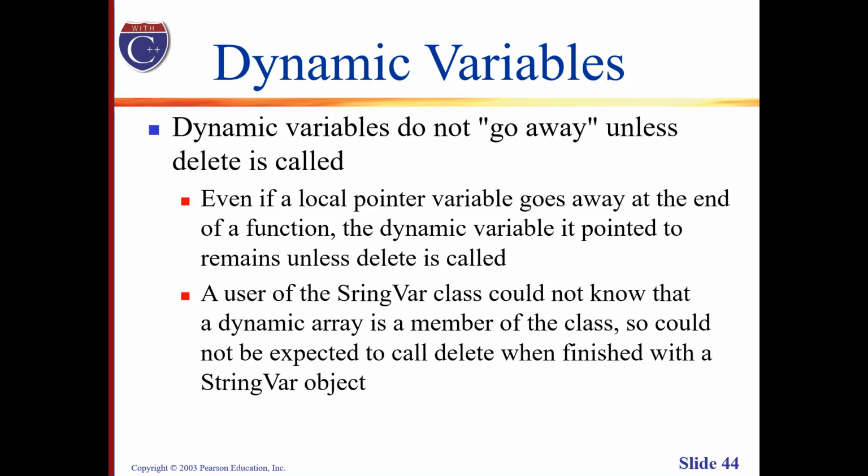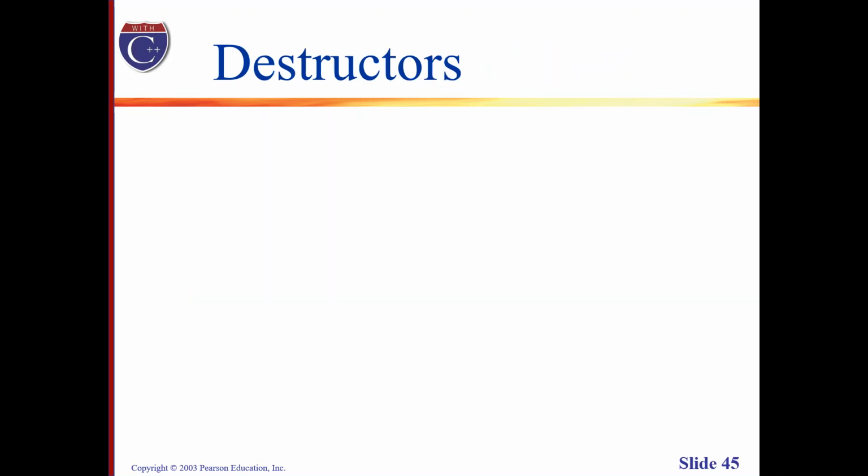A user of the string var class may not know that a dynamic array is a member of the class, so could not be expected to call delete when finished with a string var object. That's why we need a function called destructor.